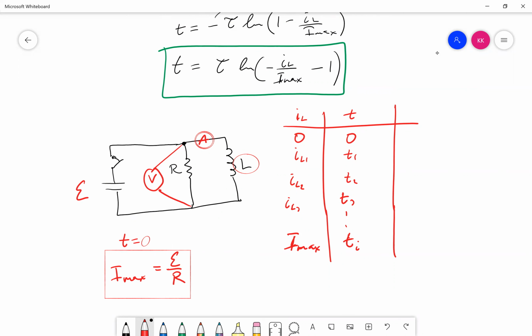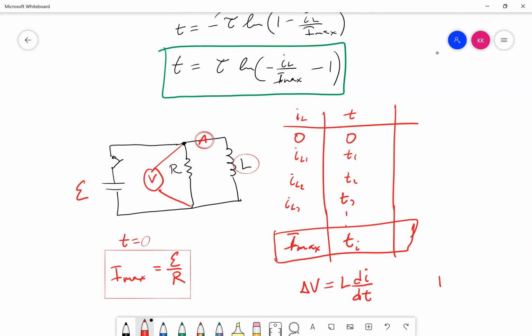Once the current reaches the maximum value at some t later, that means the inductor as a device can no longer resist anything current related. Because remember, there is a potential difference across the inductor that is equal to L di dt.